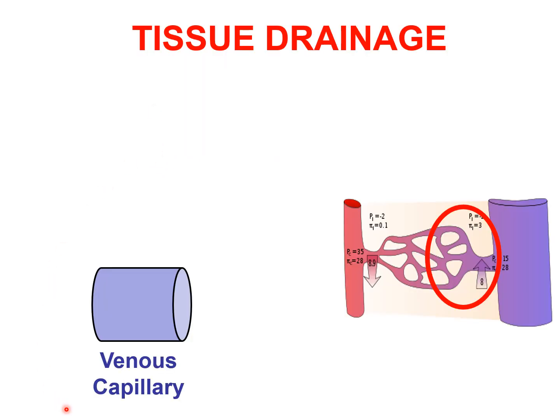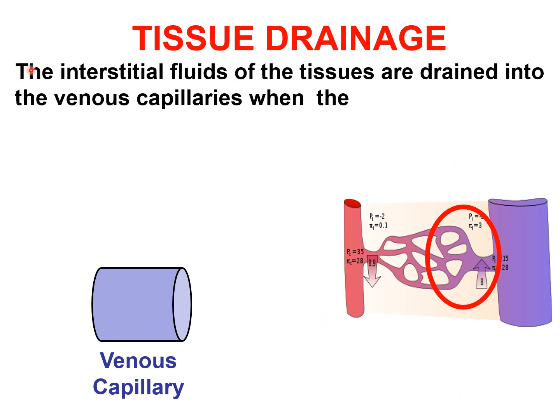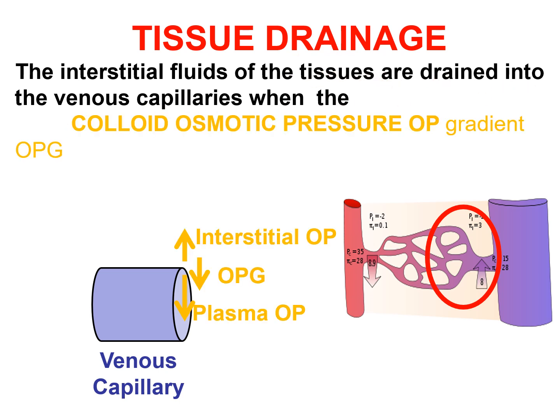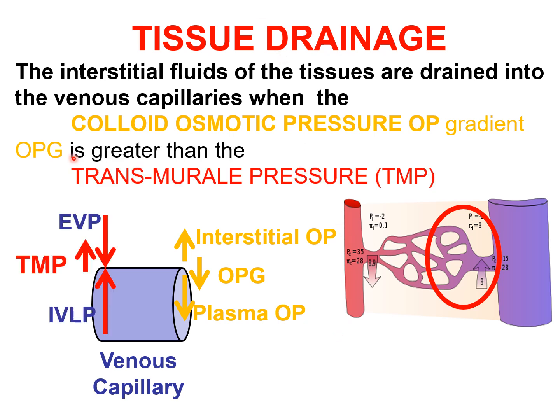Tissue drainage at the venous capillaries. The interstitial fluids of the tissues are drained into the venous capillaries when the colloid osmotic pressure gradient is greater than the transmural pressure, TMP.